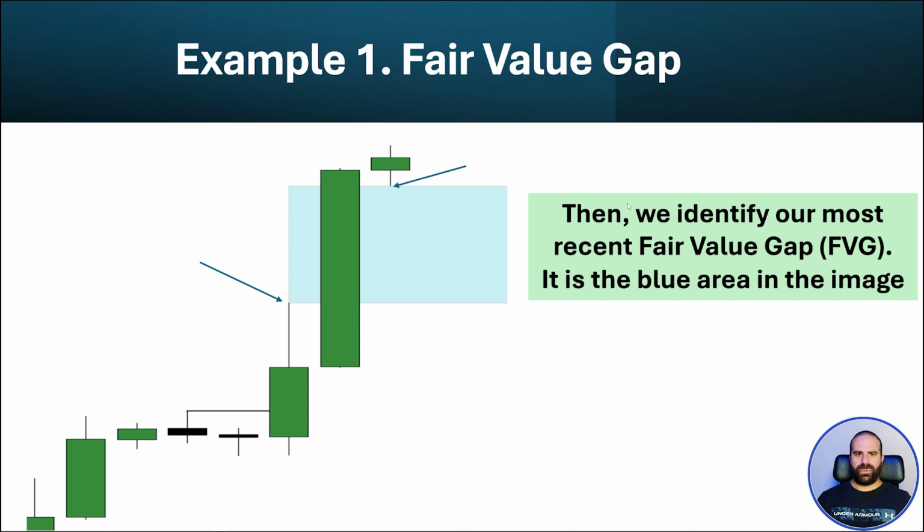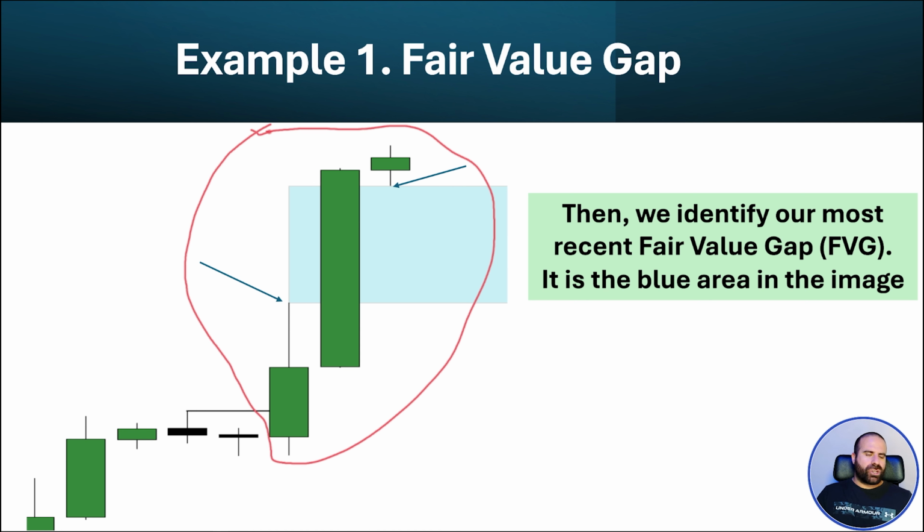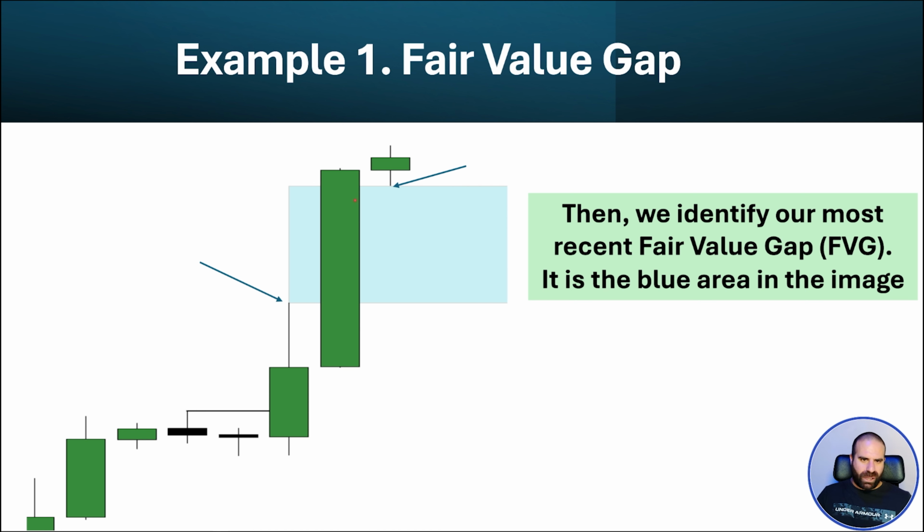So let's move forward. We identify, as I said, our most recent fair value gap. It is the blue area in the image. Many of you know about it. For those of you who do not, a fair value gap is created by 3 candlesticks. In this occasion, this is a bullish fair value gap, and it is this untested area that you see.